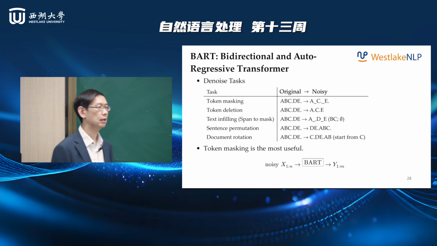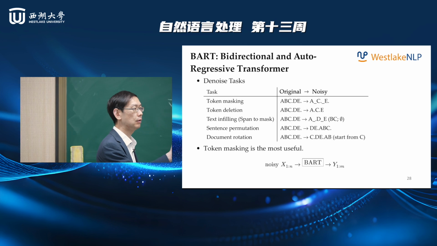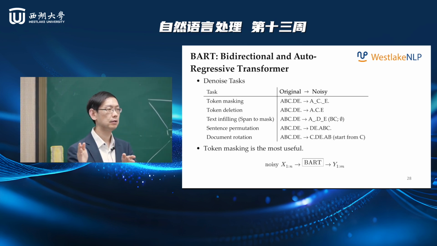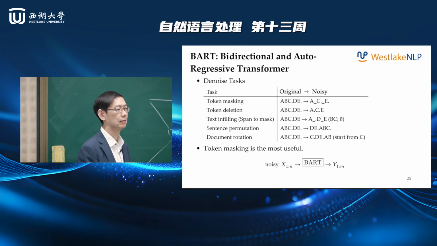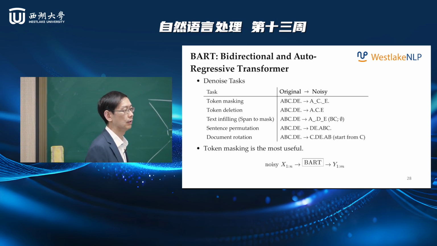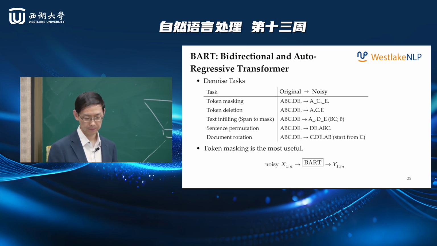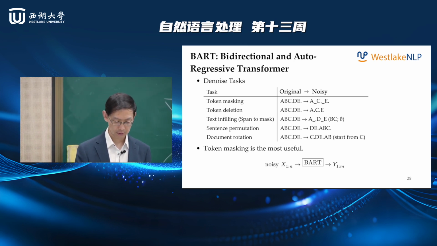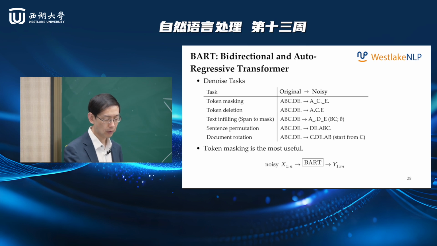You cut the document somewhere in the middle and put the first half at the end, changing the order. These are all the different ways to introduce noise to BART.